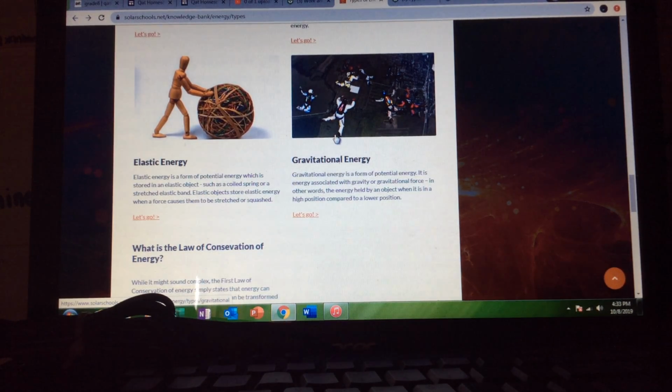Elastic objects store elastic energy when a force causes them to be stretched or squashed. Lastly, gravitational energy. Gravitational energy is a form of potential energy. It is energy associated with gravitational force. In other words, the energy held by an object when it is in a high position compared to a lower position.